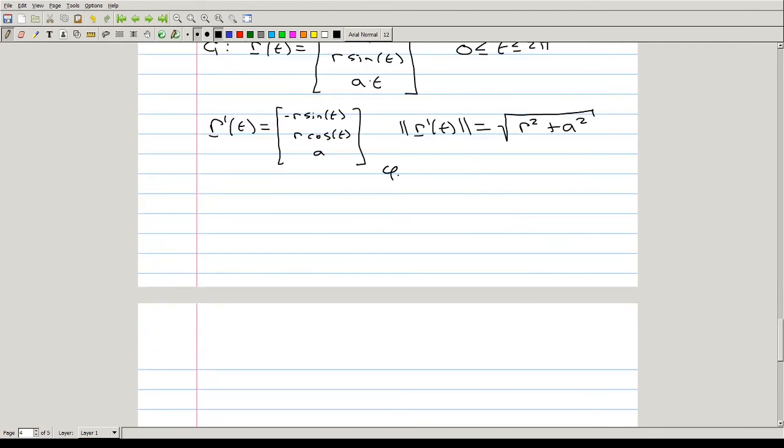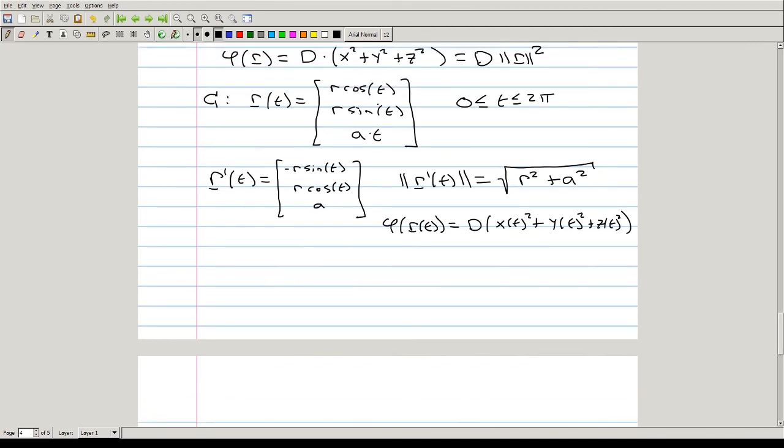Phi of r of t is d times x of t squared plus y of t squared plus z of t squared, which when we plug in x of t, y of t, and z of t, I'm hoping you can see is exactly r squared cosine squared plus r squared sine squared plus a squared t squared. So phi of r of t is just d times r squared plus a squared times t squared when we simplify this.